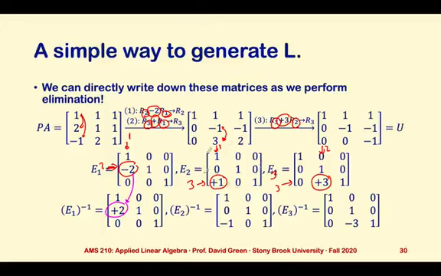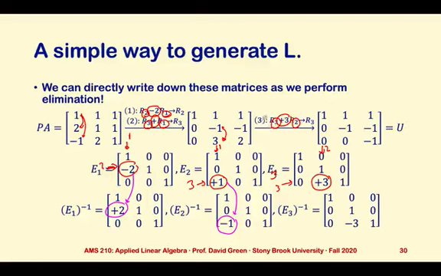To find the inverse of the second step, where we were adding the first row to the third, we subtract the first row from the third. We simply change the sign of the corresponding element here.